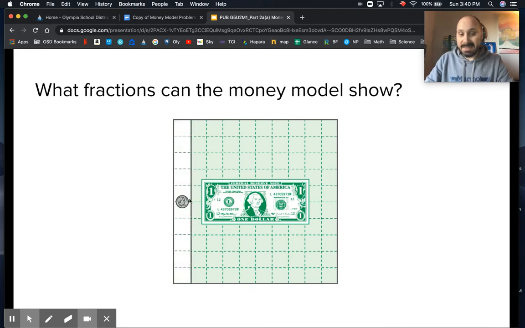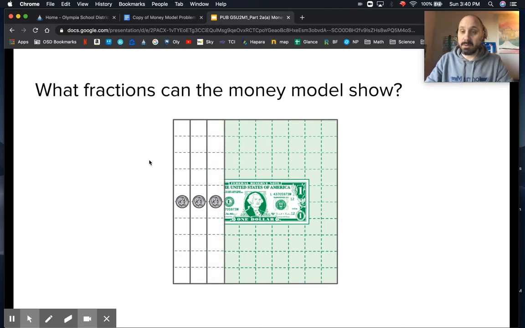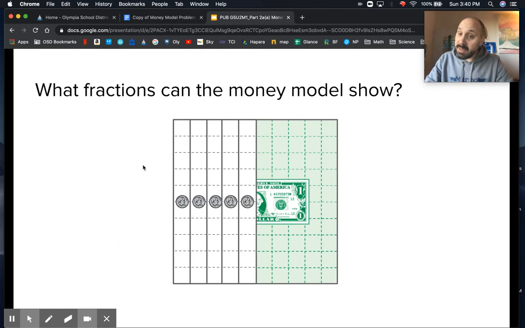Ooh, this is a dime, or 10 cents. So 10 cents is 1/10 of a dollar. A dime is 1/10 of a dollar. It's the big skinny one: 1, 2, 3, 4, 5, 6, 7, 8, 9, 10. There's 2/10 or 20 cents, 3/10 or 30 cents, 4/10 or 40 cents, 5/10 or 50 cents, which is half again.